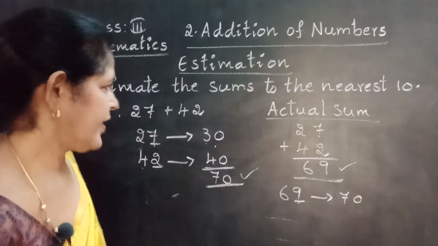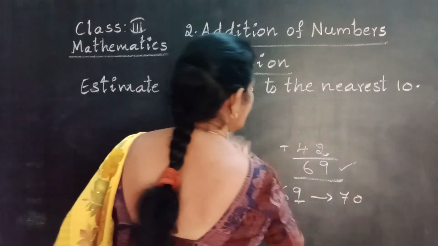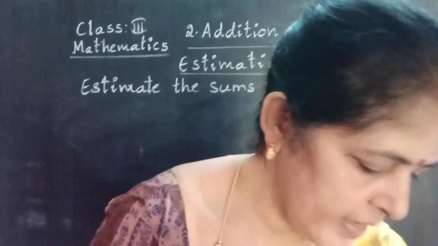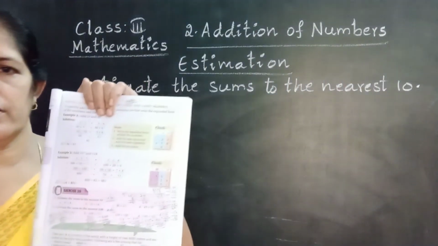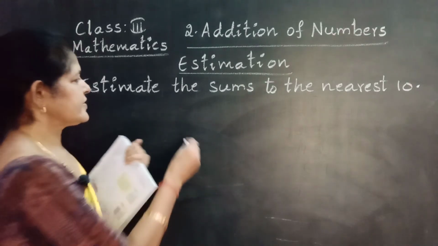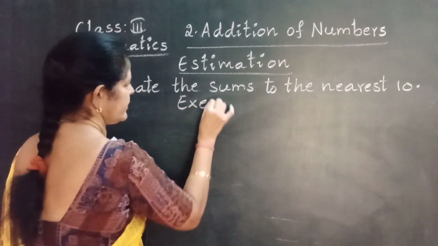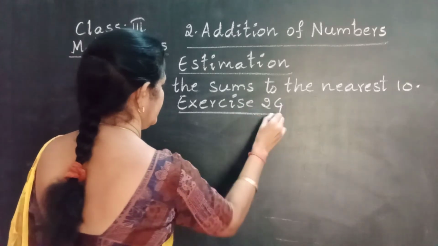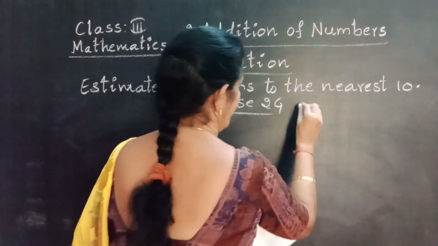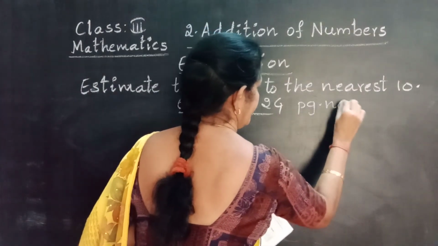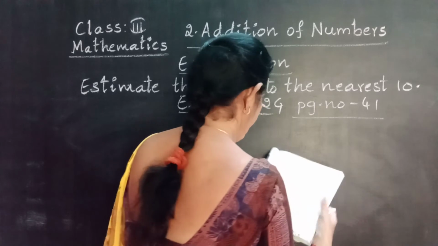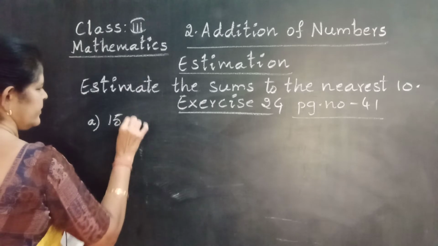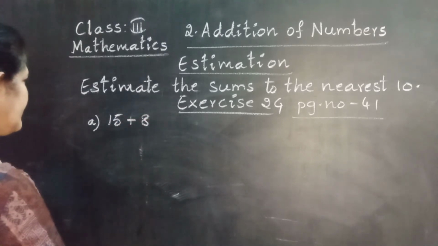Okay? Going to the next one. Estimate the sum to the nearest 10. See, I am going to the textbook exercise. Exercise 2G, page number 41. First one, A: 15 plus 8.